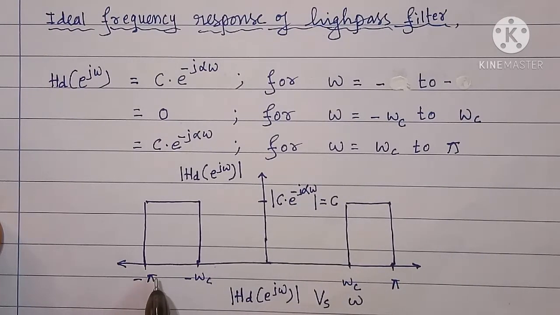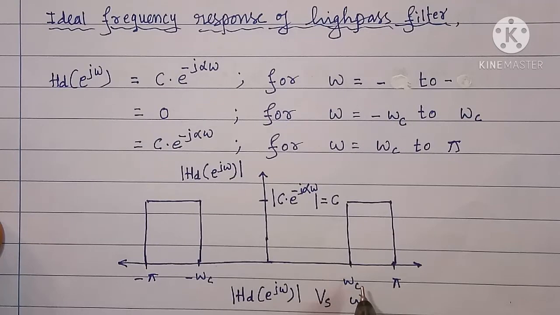The magnitude of this ideal high pass filter is equal to magnitude of c into e raised to minus j alpha omega, that is equal to c from minus pi to minus omega c and omega c to pi, where minus omega c and omega c are the cutoff frequencies of ideal high pass filter, or they are passband edge frequencies of ideal high pass filter.